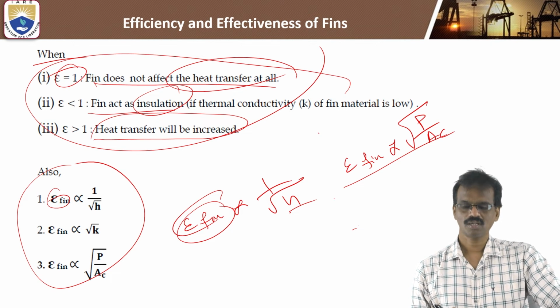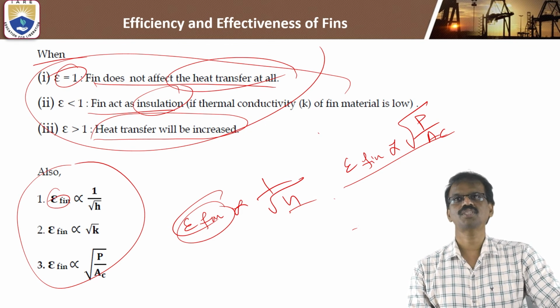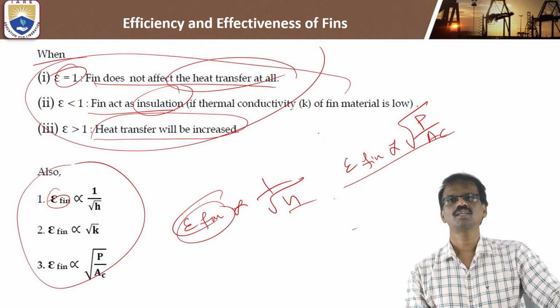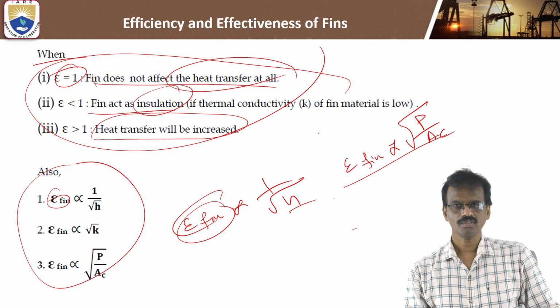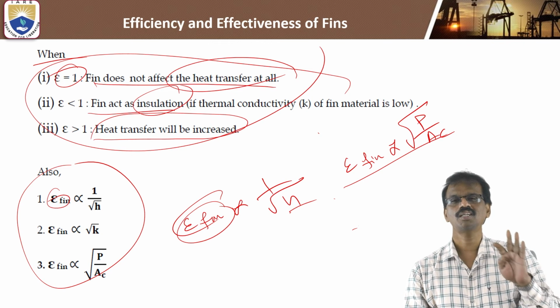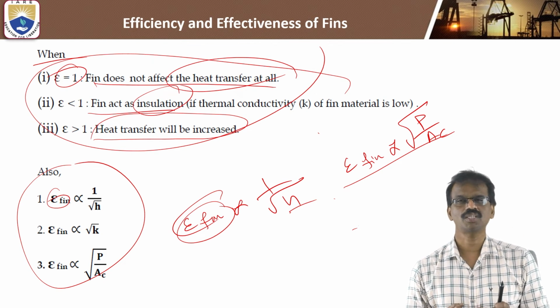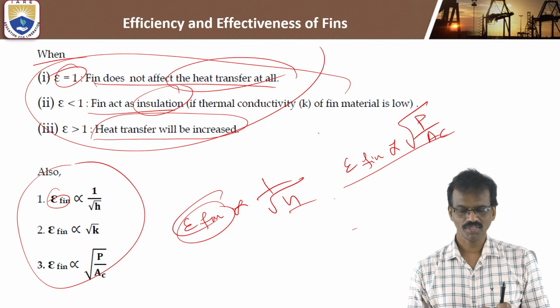Okay, so these are the concepts of efficiency and effectiveness of the fins. Totally, we derived the rate of heat transfer for the three types of pins: one is the long pin, another is the short pin or insulated end pin, and next is the convection end pin.